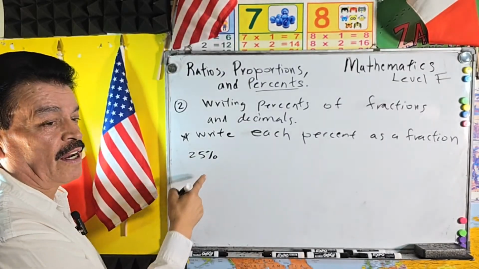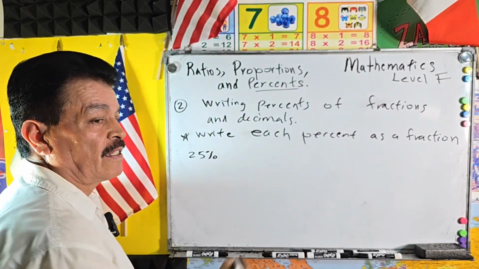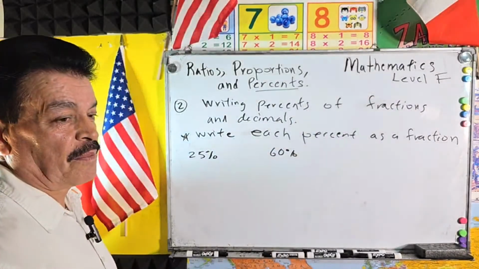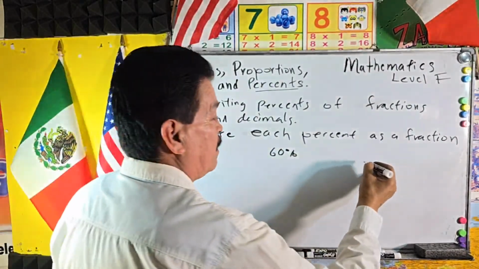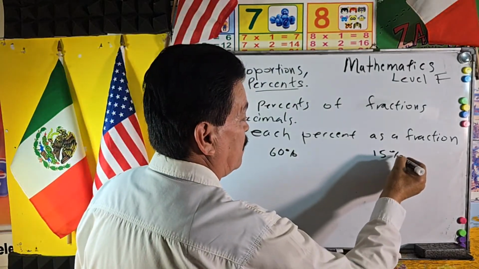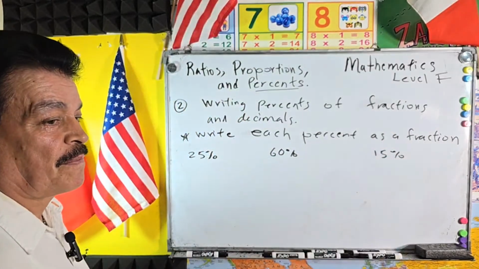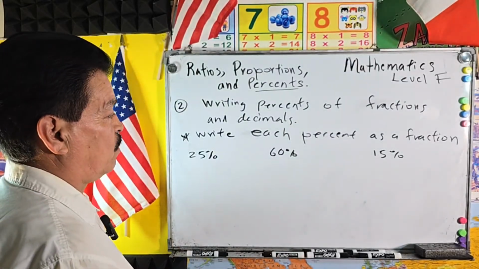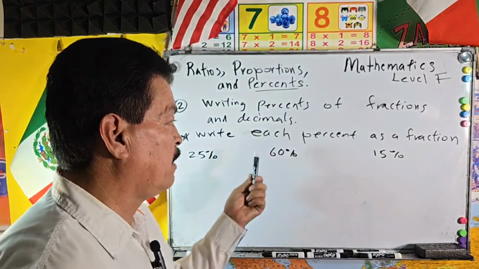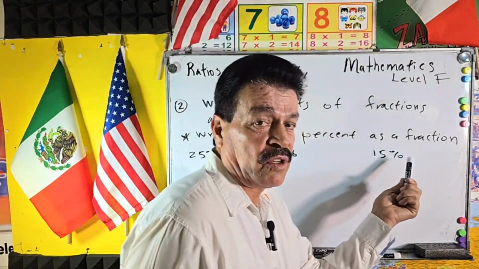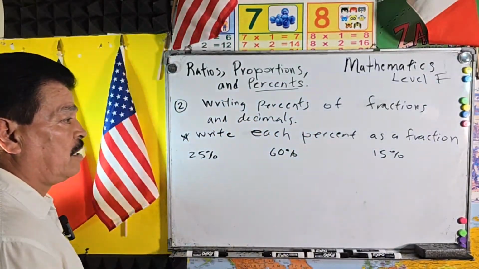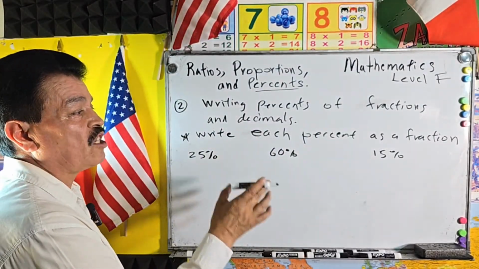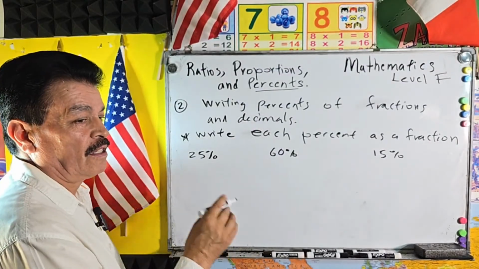Then 60%, and 15%. Three problems. Look at the direction now. Write each percent as a fraction, and also simplify. Simplify, not only as a fraction.